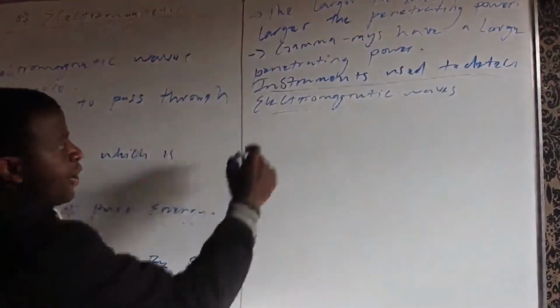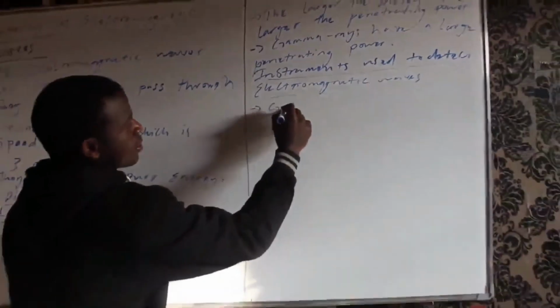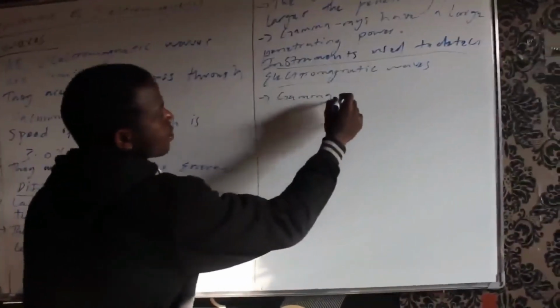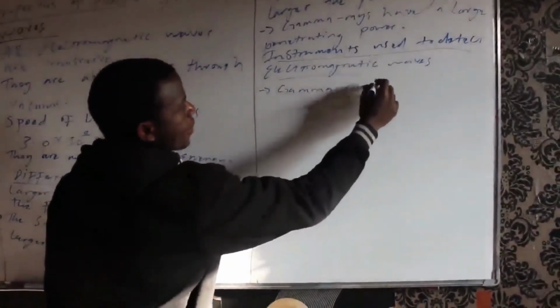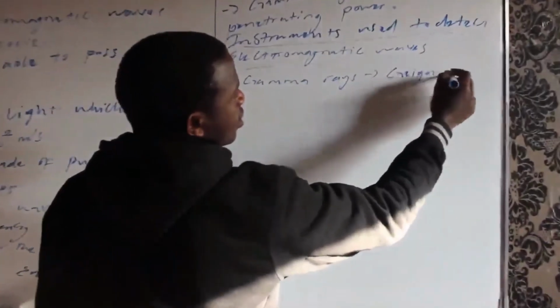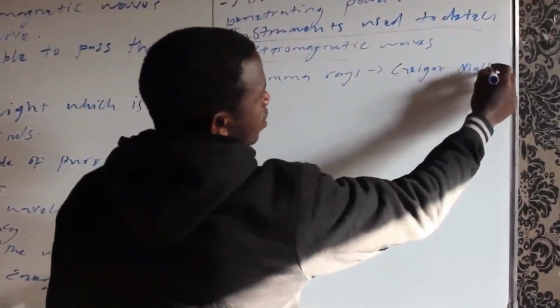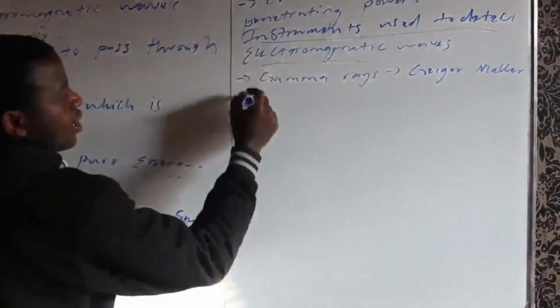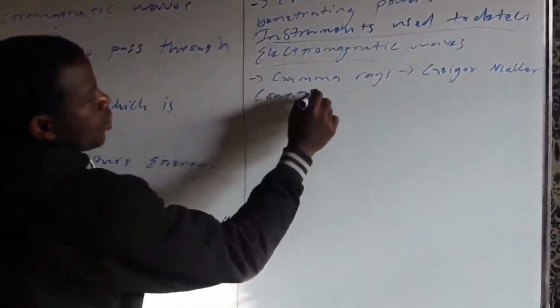For the gamma rays, we have the Geiger-Muller counter or tube.